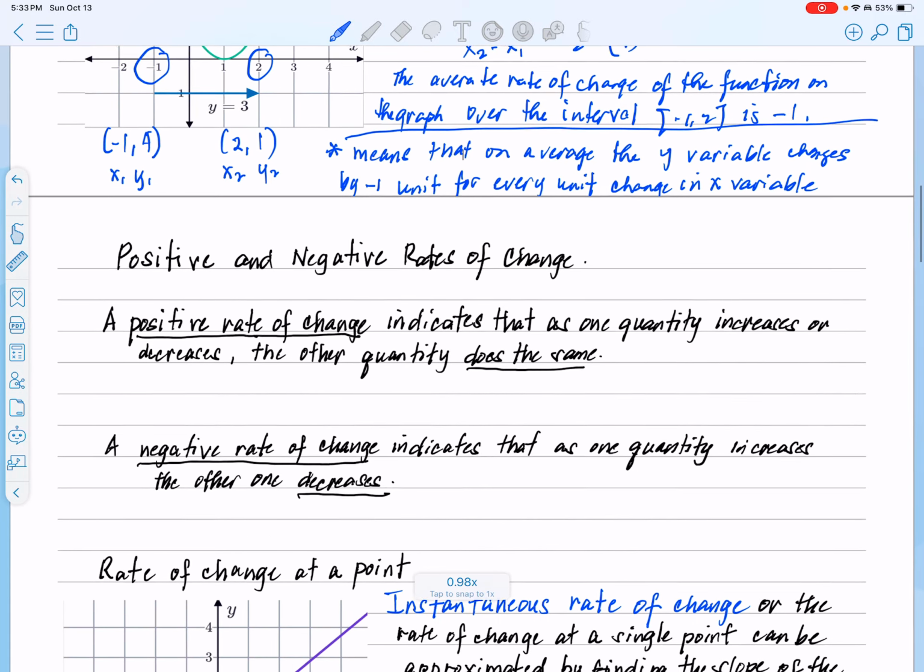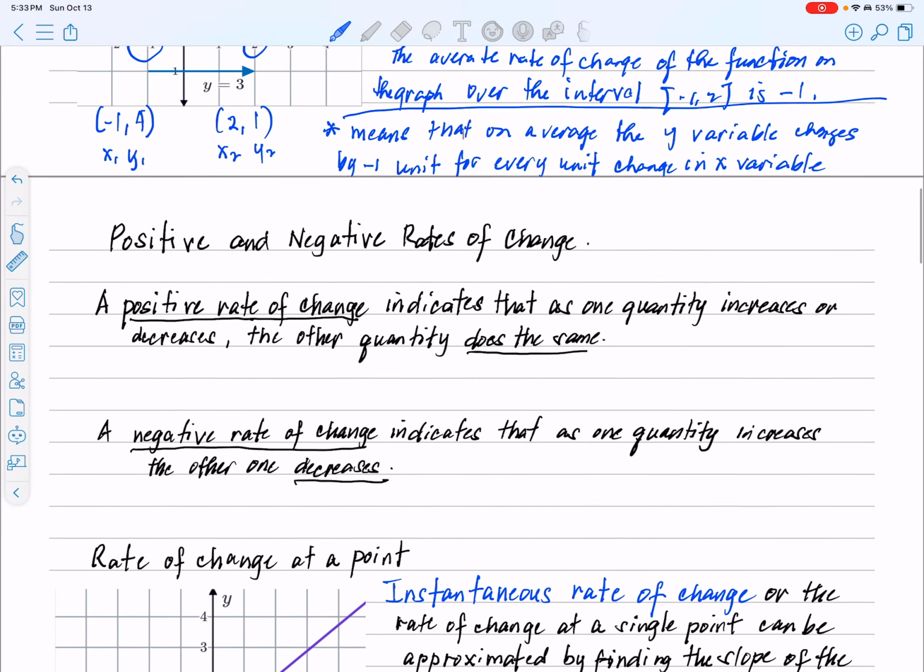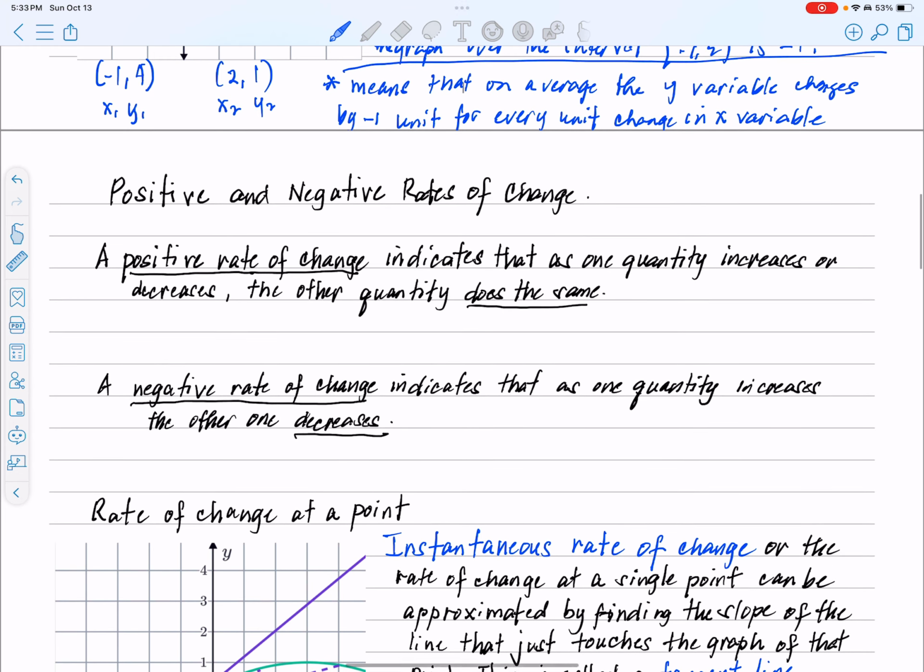There are two types of rates of change. It can be a positive rate of change or it can be a negative rate of change. So when we say that the rate of change is positive, that indicates one quantity increases or decreases and the other quantity does the same thing.